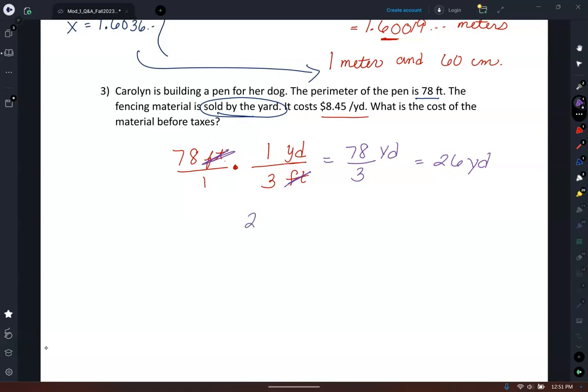Then I want to take that and multiply by the cost per yard. And I get $219.70 is the total cost pre-tax.